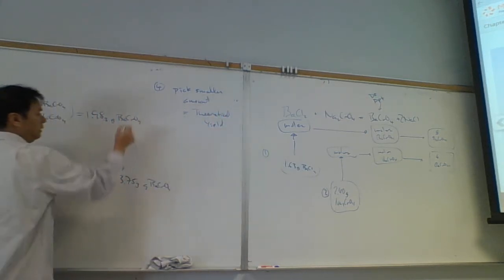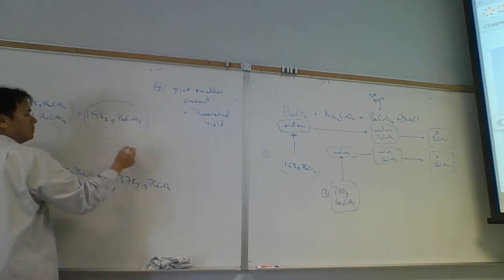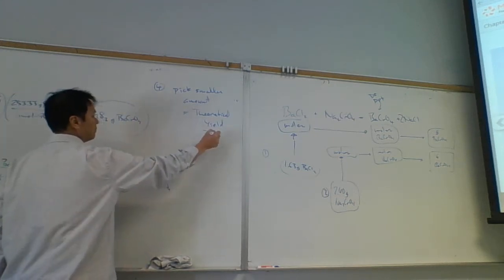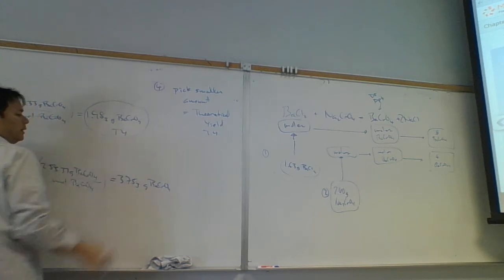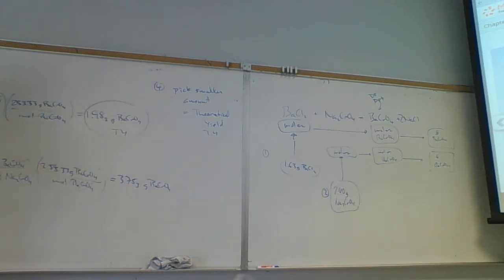I'm going to pick this. This is going to be my theoretical yield, or Ty. In theory, the most I can make is 1.983 because at that point, all of my barium chloride has been consumed. There's no more barium chloride. Even though I have plenty of sodium chromate, I don't have enough barium chloride to react with that. And so this is my theoretical yield.